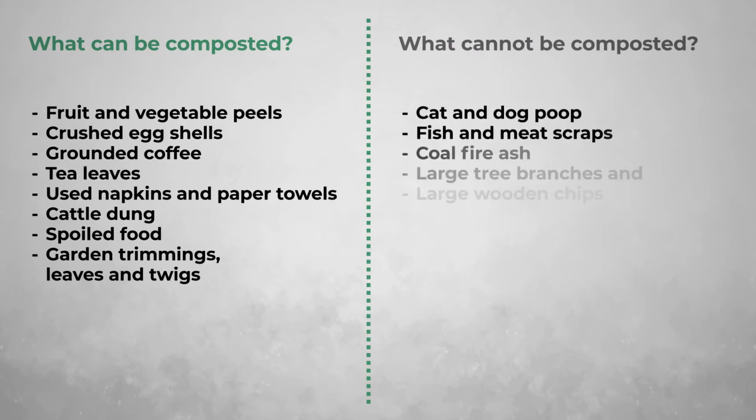Cat and dog poop consists of microorganisms that directly affect the plants or crops. Fish and meat scraps invite rodents to a house. Glossy or coated papers, sticky labels on food items, coal fire ash, large tree branches, and large wooden chips cannot be composted as they take too long to decompose.